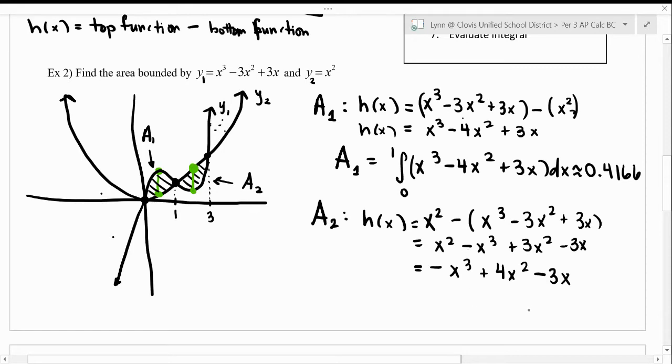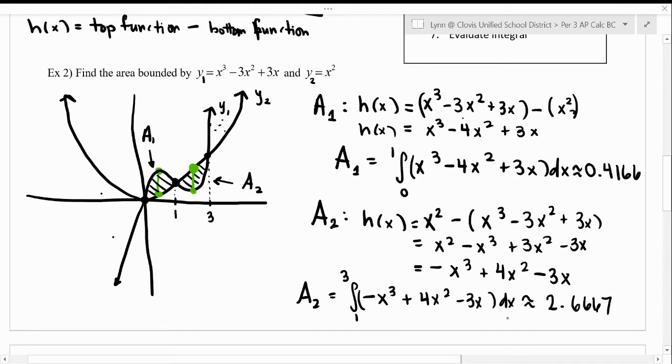Okay. So then once I get to there, area 2 would be the integral from 1 to 3 of the y2 minus the y1. So that would be this h of x here. And then for this one, I ended up with 2.667.